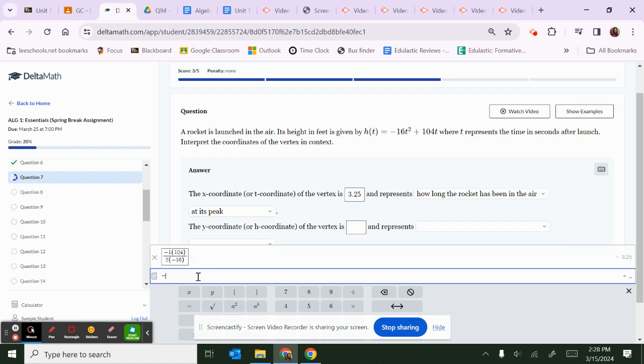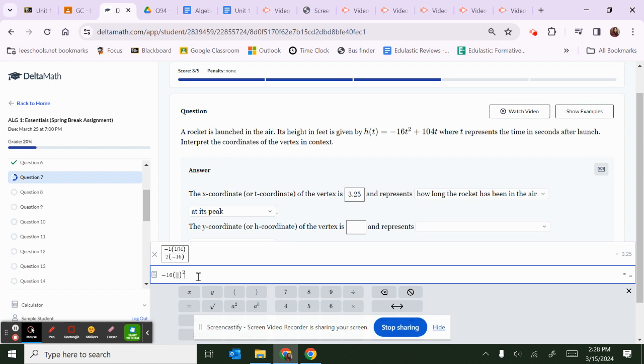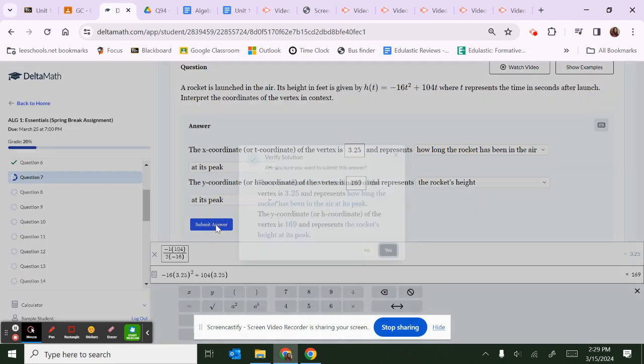Then I retype my equation, and I replace all of those t's with 3.25. All right, and I get 169, which represents the height at its peak.